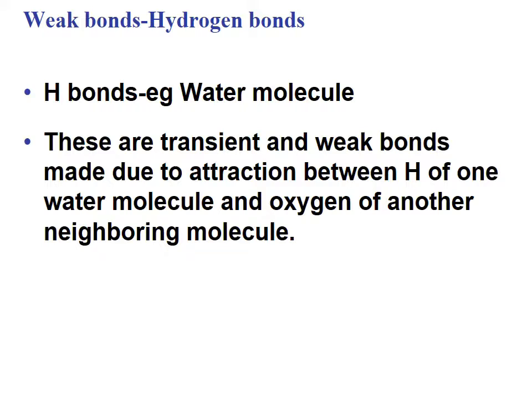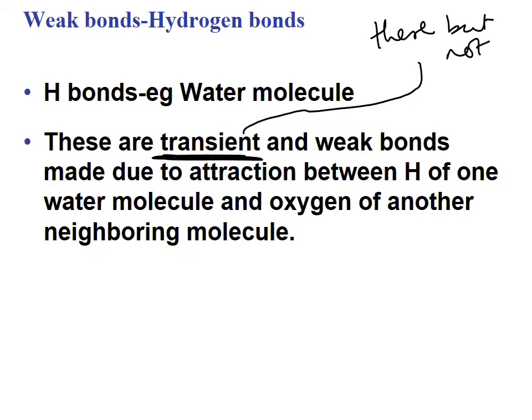Okay. Then you have something known as hydrogen bonds. What is this hydrogen bond? Now, a hydrogen bond is basically a very transient bond. It is there but not there. Let's find out what this mysterious explanation means.